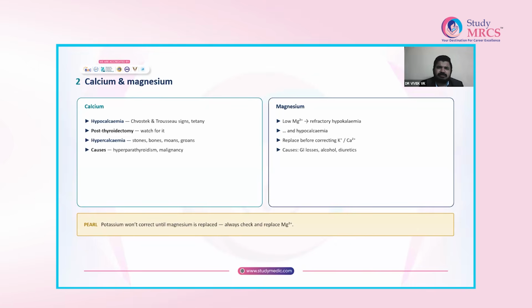These all can cause the decreased magnesium in the blood. So the key point is the potassium won't correct until the magnesium is replaced. So always check and replace magnesium before you are correcting the potassium. That is a very important aspect.